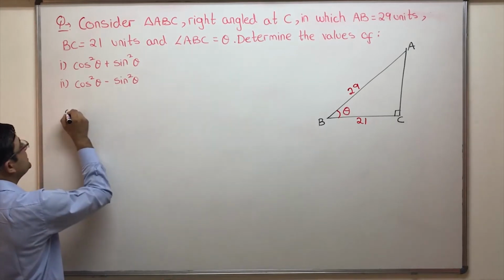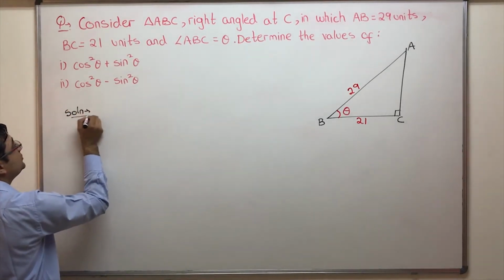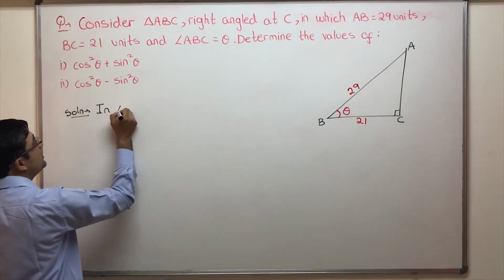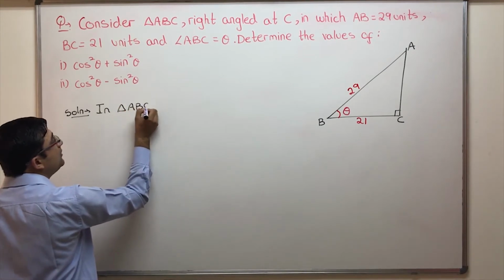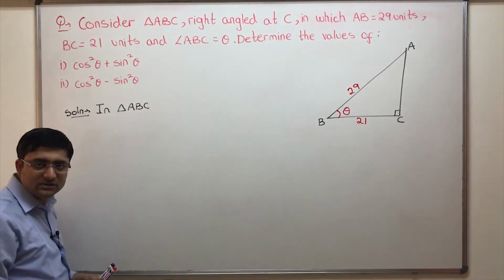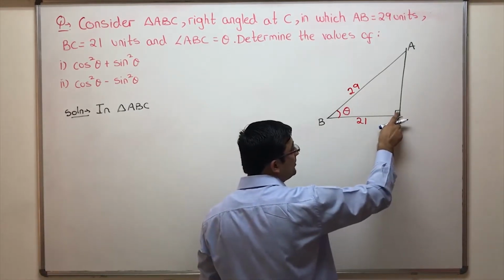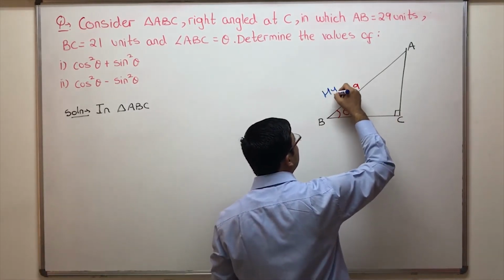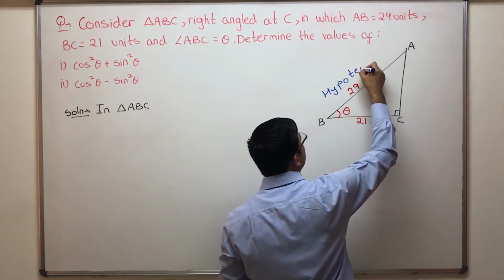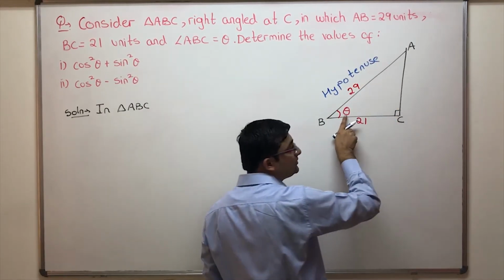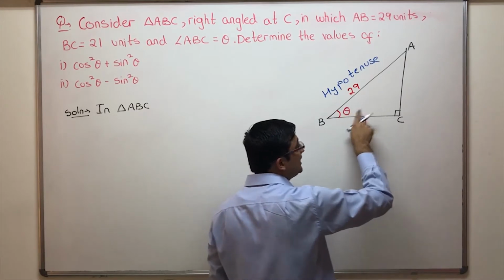So the first step is apply the Pythagoras theorem. So we have in triangle ABC, what is Pythagoras? Square of the hypotenuse is equal to sum of the squares of the two sides, which is the hypotenuse. We'll mark side opposite to 90 degrees. So AB over here is the hypotenuse, right? With respect to this angle theta, which is the perpendicular, side opposite to it.